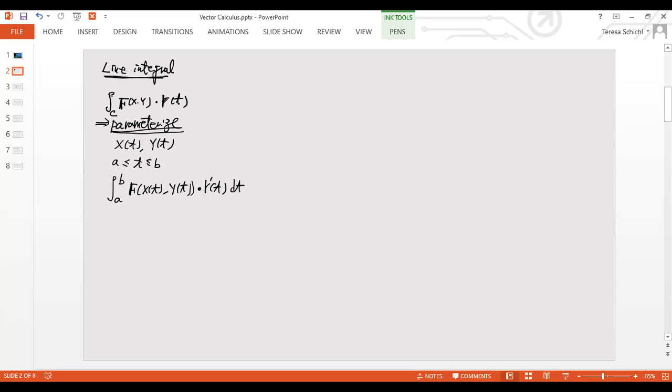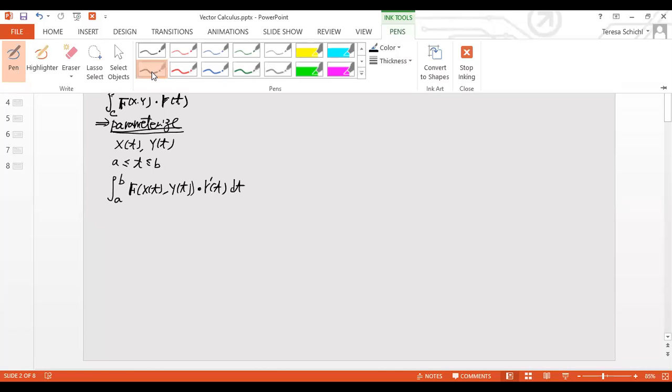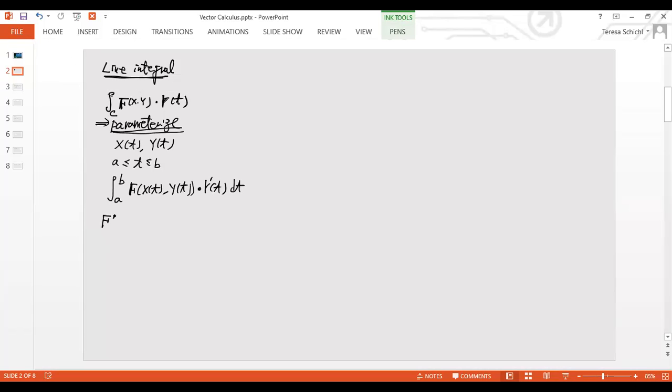Then we also talked about conservative fields. If a field F of x, y can be written as the gradient field of a real valued function f of x, y, that means F is the gradient of f, so it is f sub x, f sub y.